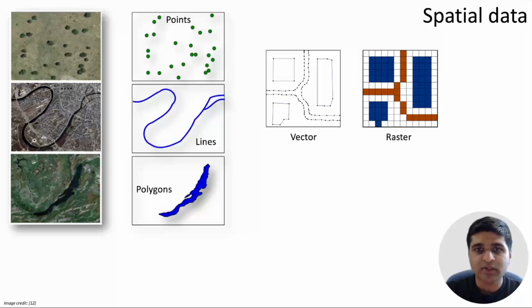Raster data is like a grid of pixels where each pixel holds information about a location, useful for images or continuous data. Vector data uses points, lines, and polygons to represent features more precisely, like a school, a road, or a forest. When they are used together, raster and vector give us a complete way of mapping and analyzing spatial information. This makes spatial data the foundation of most GIS applications.